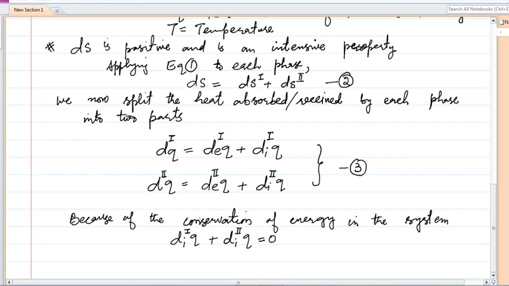You have to remember that this is from the conservation of energy. So it is equation 4.